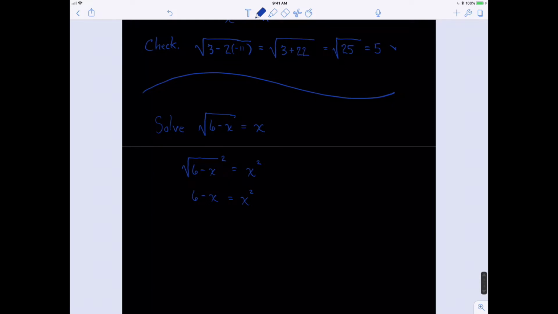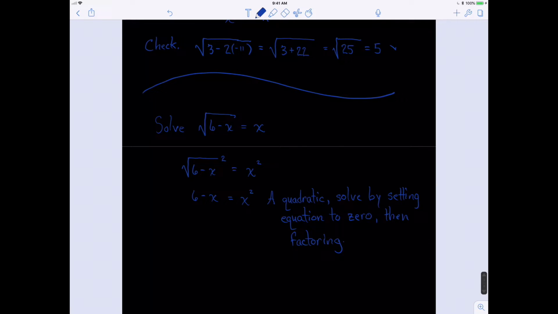Well, remember this is a quadratic, and the only way we know to solve these is by setting the equation equal to 0 and then factoring.